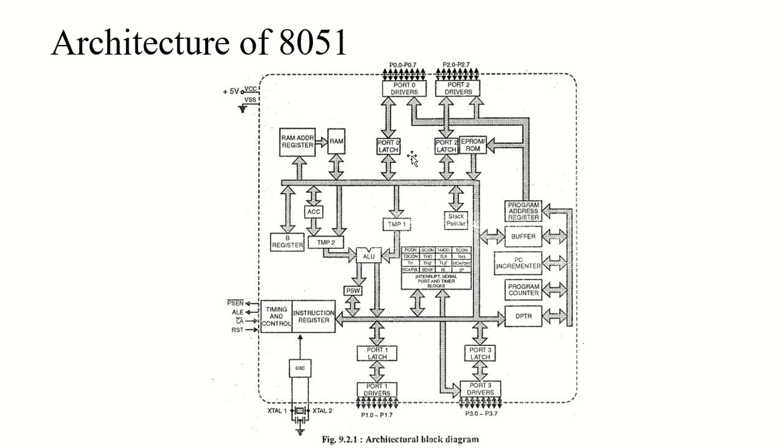Now the 8051 has two 16-bit timer or counter registers named timer 0 and timer 1. Both these registers can be configured independently to operate as a timer or an event counter, right? When used as a timer, the register is programmed to count the internal clock pulses.